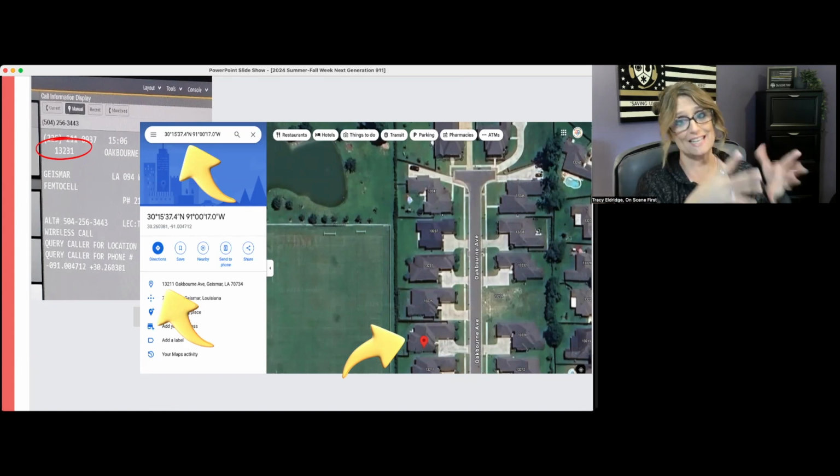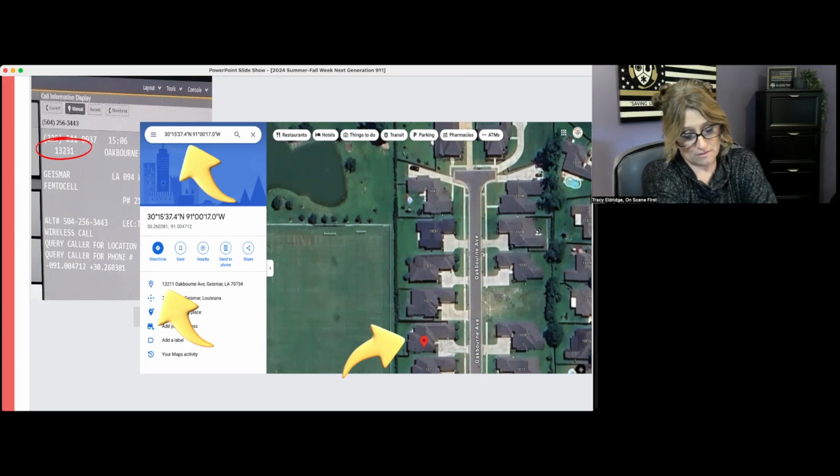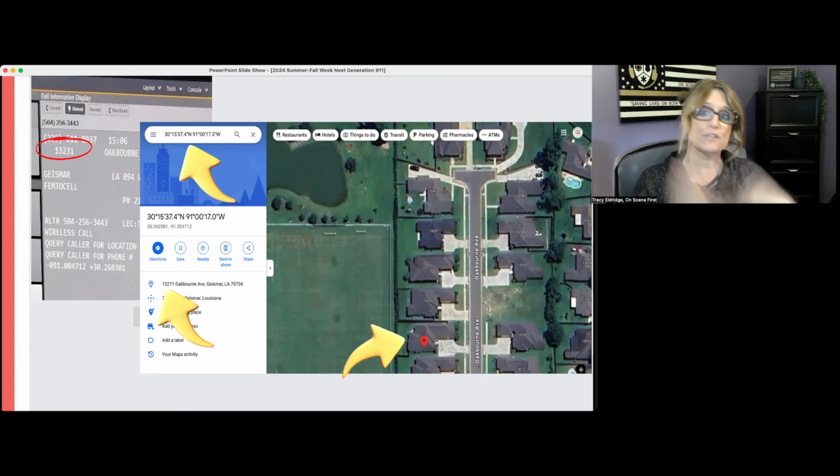So what they did is they took the latitude and longitude, they turned it into a civic address, and they plopped it on the screen. However, the lie detector determined that's a lie.